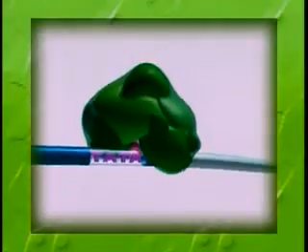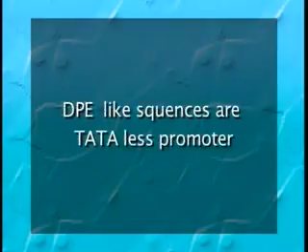It is present in many but not all promoters and is bound by transcription factor 2D but not by TBP, TATA box binding polypeptide. In addition, nearly all the promoters that have been found to contain DPE-like sequences are TATA-less promoters.